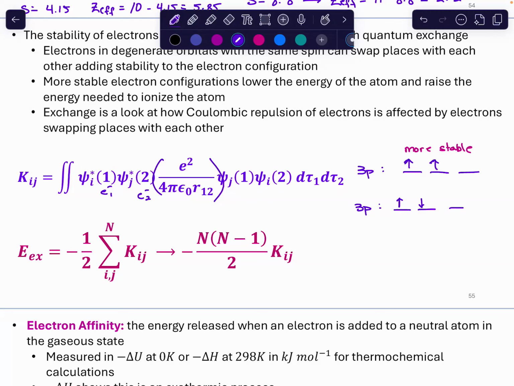That n in the n minus 1 over 2 is going to be the total number of electrons with parallel spins. So here n would equal 2, and n equals 0 there. The more spins you have that are parallel, in the same direction, the higher your value for n is going to go. And so this exchange energy is really important to stabilizing atoms and molecules.